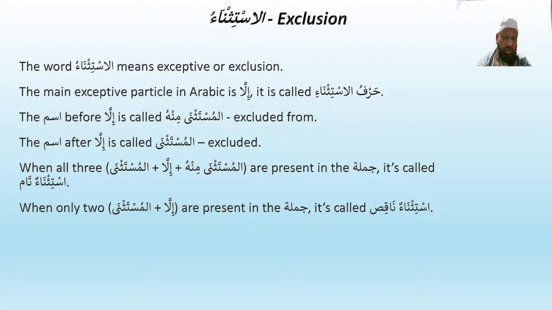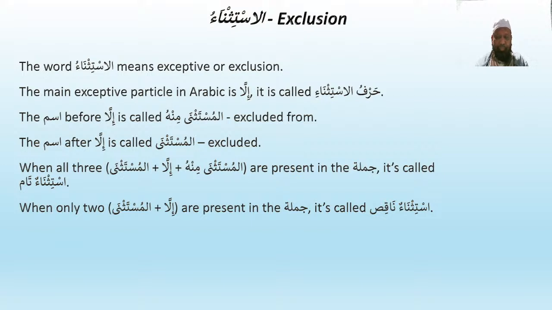So the excluded from, that is called al-mustathna minhu, and that always comes first. Then illa comes, and the ism after illa is called al-mustathna, the excluded one. And this is the main topic.